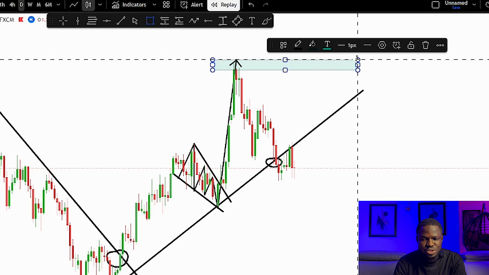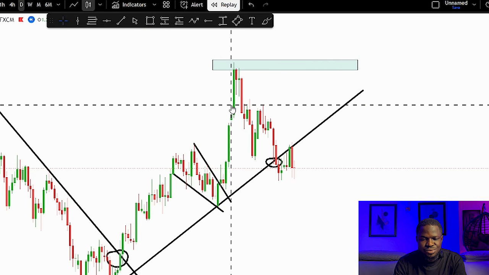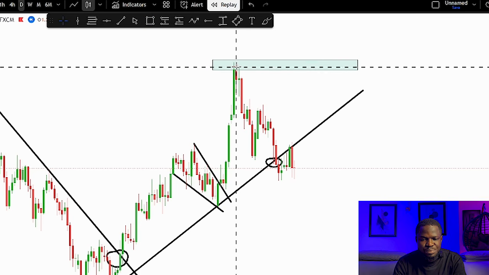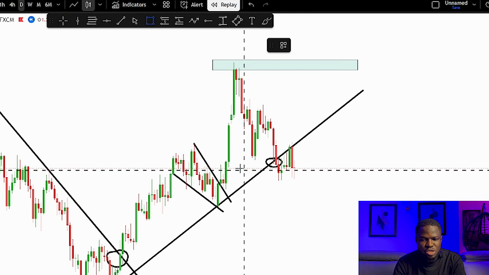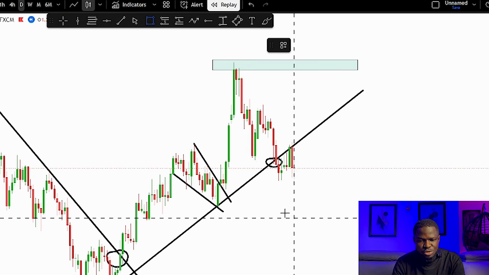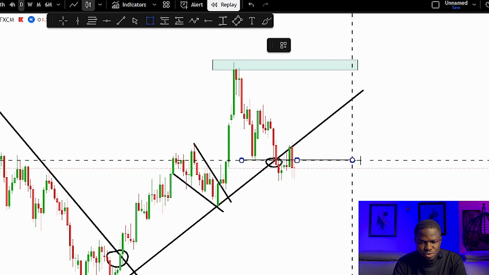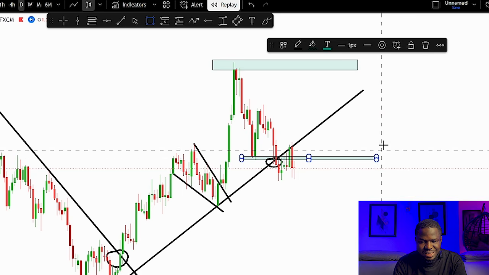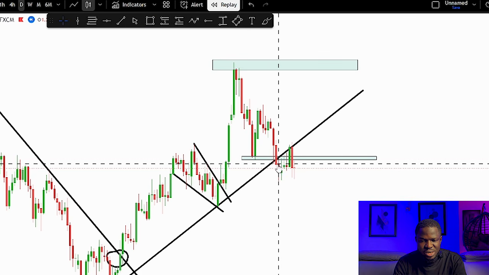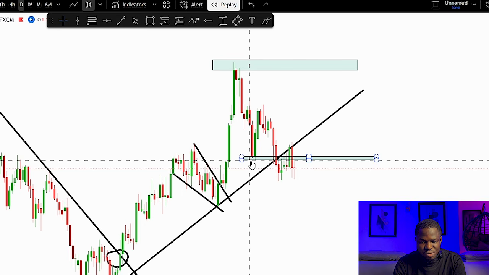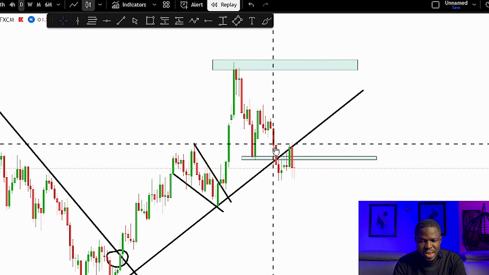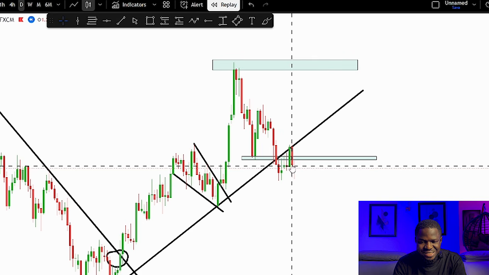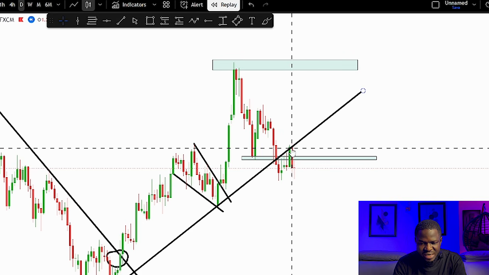The sellers took charge of the market at that resistance point, and they pushed the price down here to create a new low here, serving as what? Support zone. Let me use rectangle tool to mark the support zone around this place here. The sellers invalidated the trend line to the downside, and they broke the support zone, turning to resistance around this place here. We had a breakout here, then the price action retested the trend line.